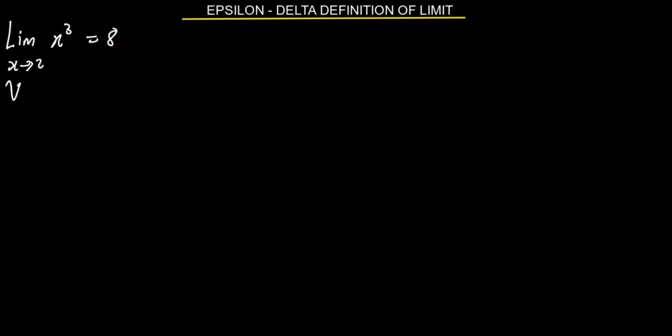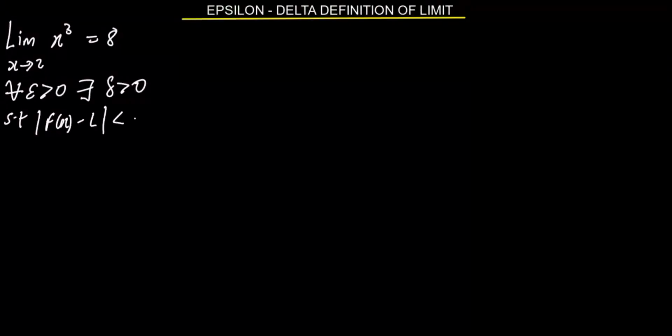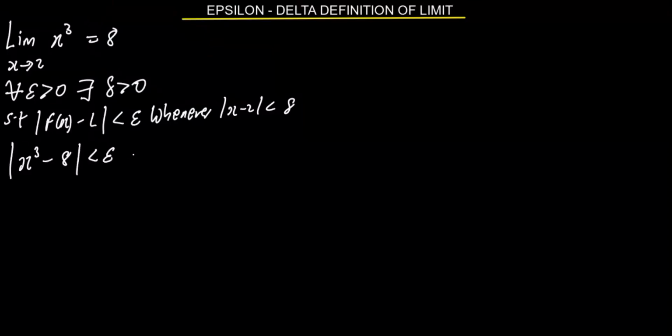Okay, for all epsilon greater than 0, there exists delta greater than 0 such that the absolute value of f of x minus L is less than epsilon whenever absolute value of x minus 2 is less than delta. So what will I do from here? Just replace f of x with x cubed. Your L is 8, less than epsilon whenever x minus 2 is less than delta.